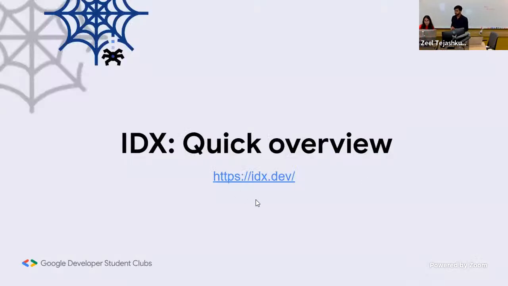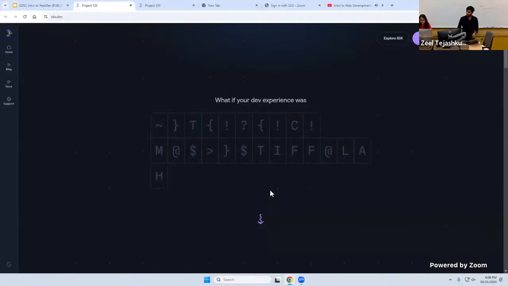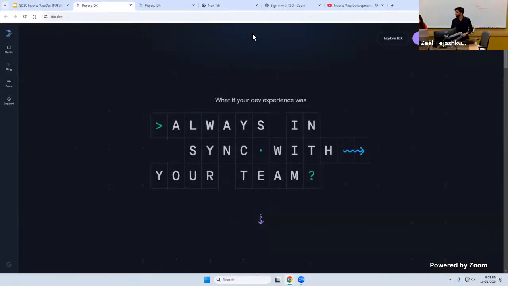Okay, so IDX. If you go to Google and try to look up Project IDX, you should be taken to this link, or you can even follow the link right from here. So this is the Project IDX I was talking about.